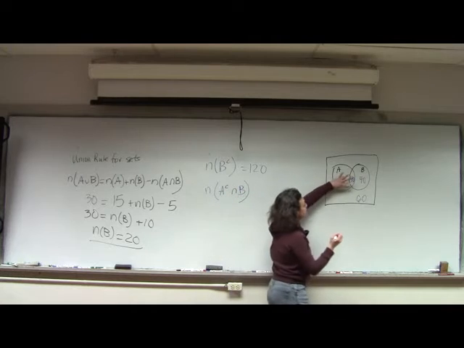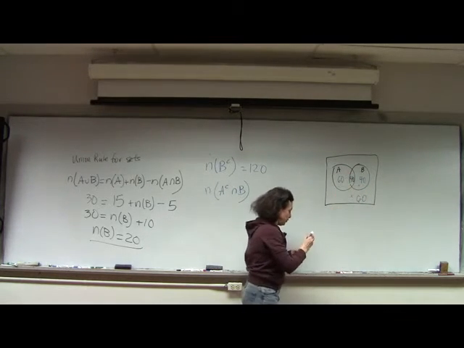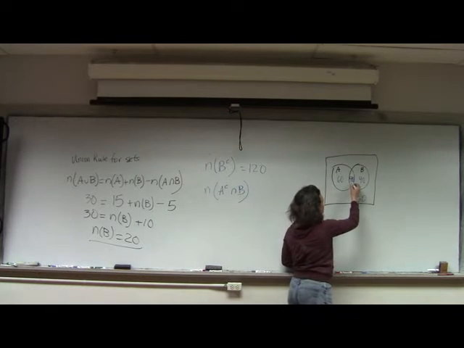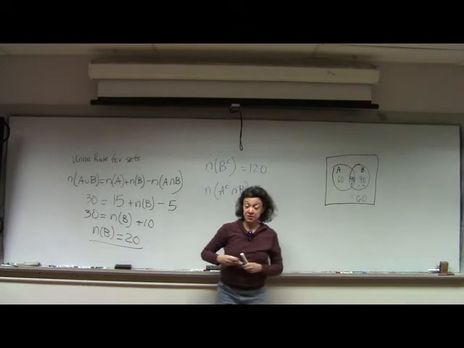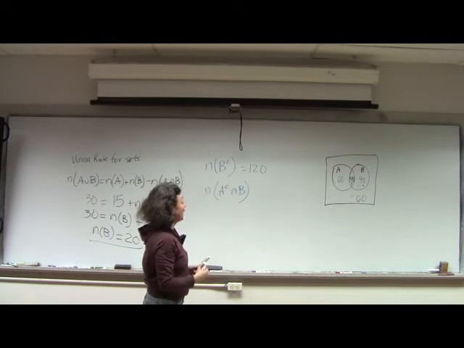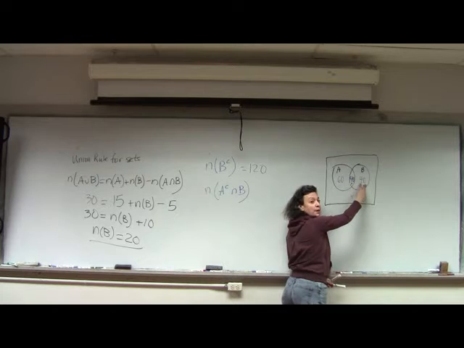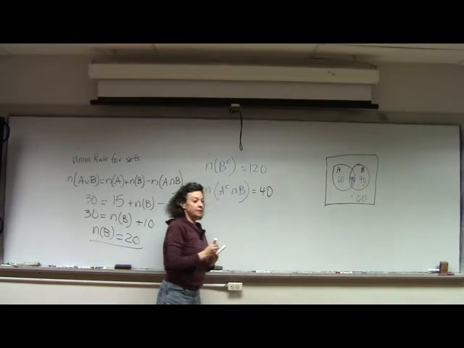A complement is everything outside of A, so it's that region and that region. And B, well, is this whole circle. Now, I'm looking at the intersection, so I'm asking where do I have a red X and a black X? And I think you'll grant me that my answer is right here. So the number in there is 40.